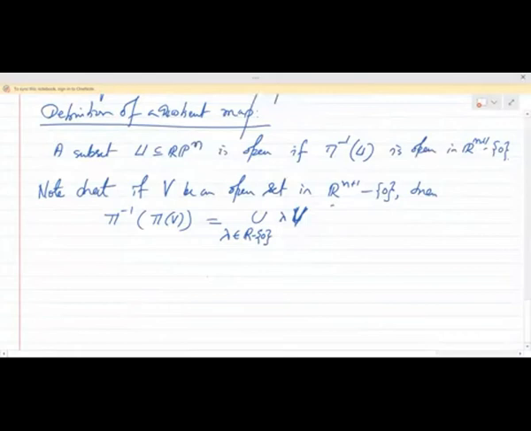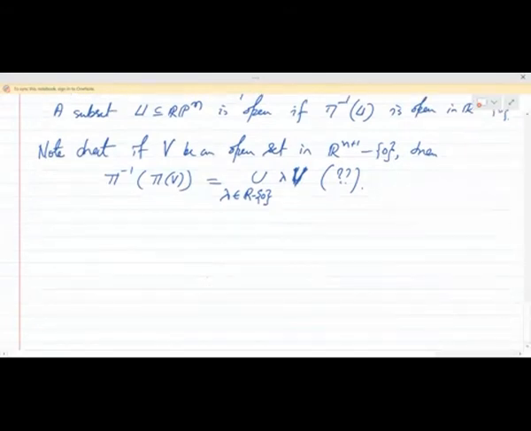I think I should leave this as an exercise. Just use the definition of pi.